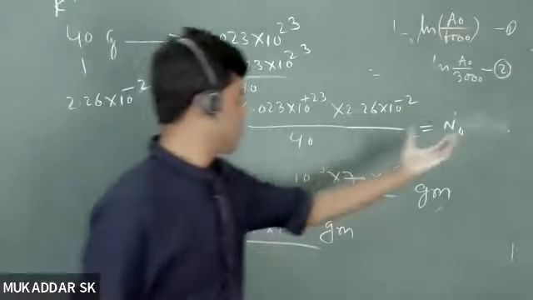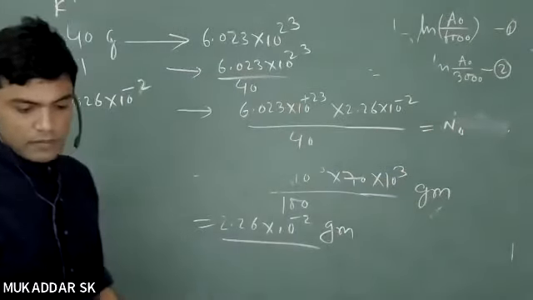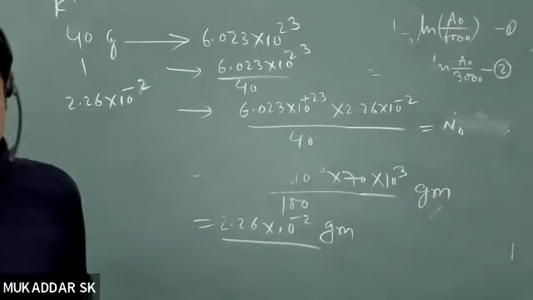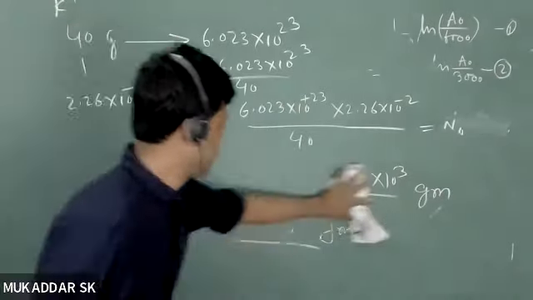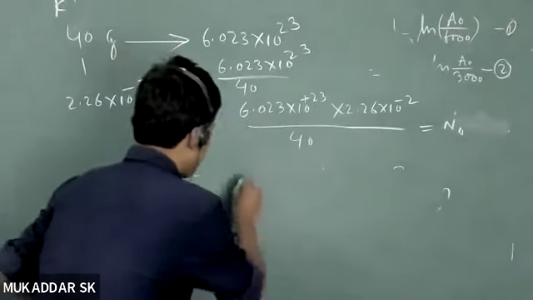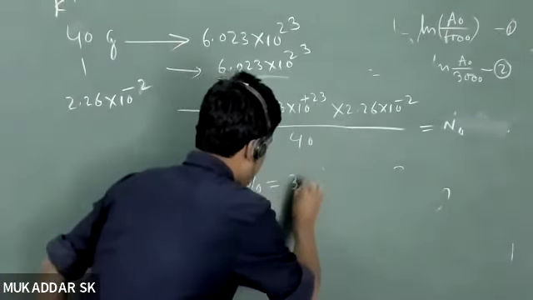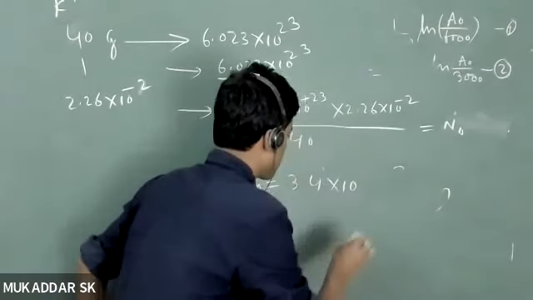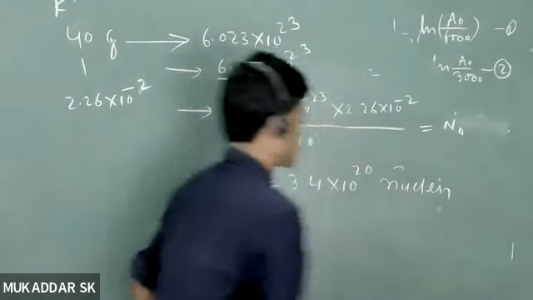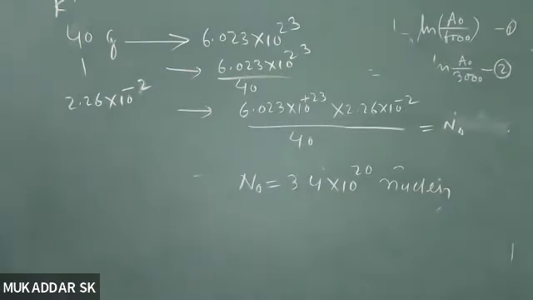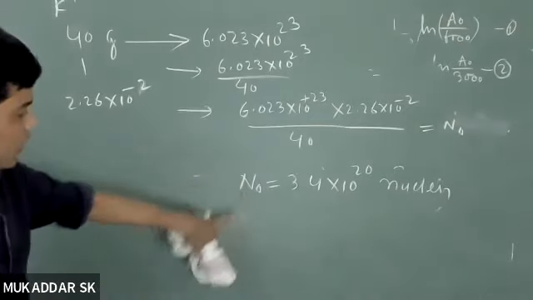Is this clear? Yes, sir. Okay, so if you calculate this value, you'll get N naught as 3.4 into 10 to the power 20 nuclei. So you obtain that value of N naught.